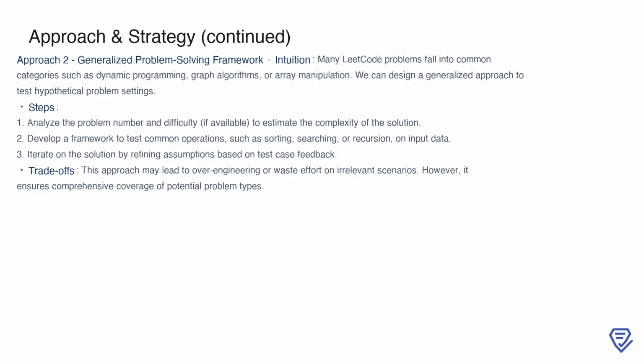While this method ensures comprehensive coverage of a wide range of scenarios, it does have its drawbacks. It may lead to over-engineering or wasted effort on irrelevant operations, especially if the problem turns out to be simpler than expected. Nevertheless, this approach is invaluable when no specific details are provided, as it allows us to methodically test a broad set of possibilities.